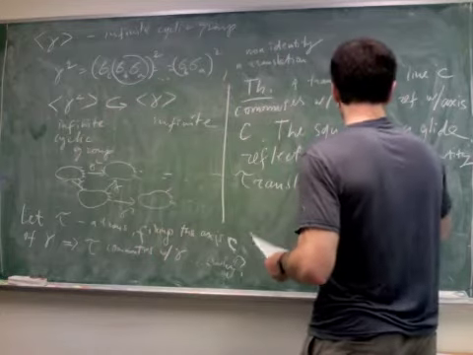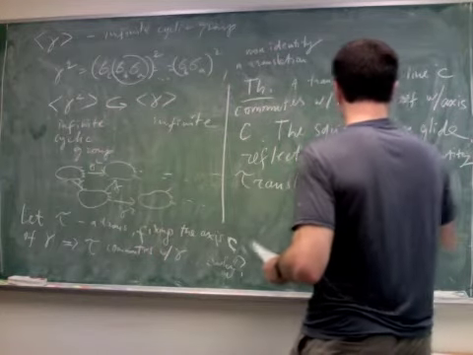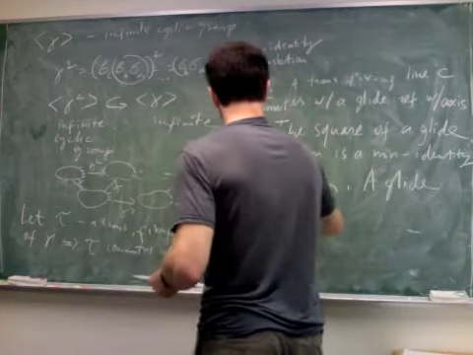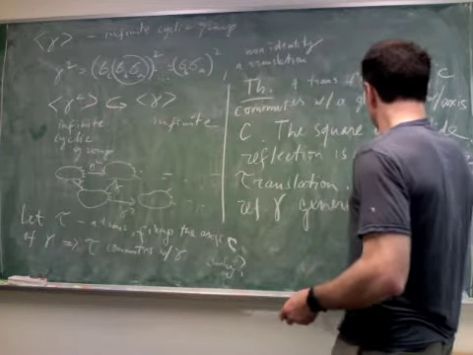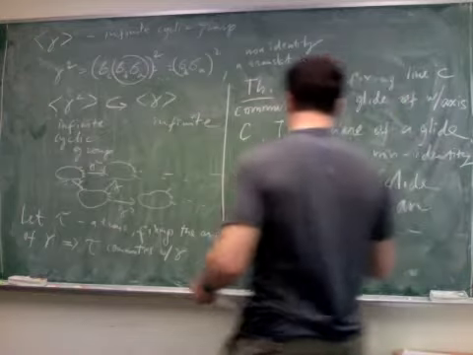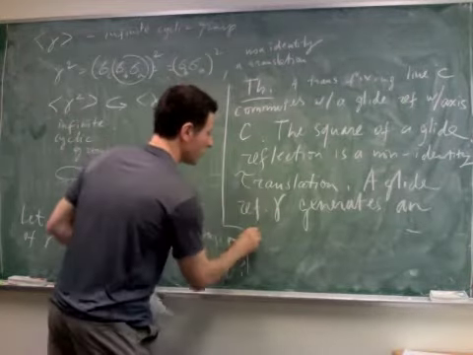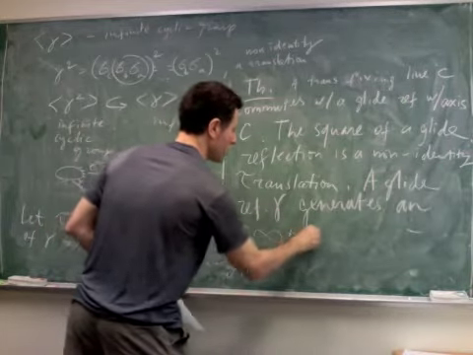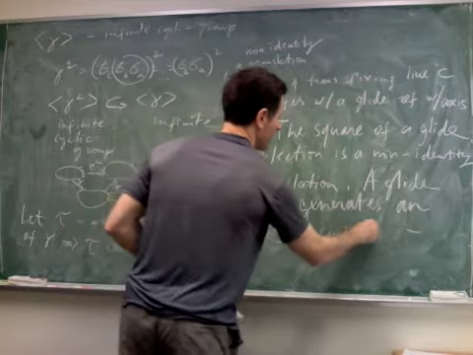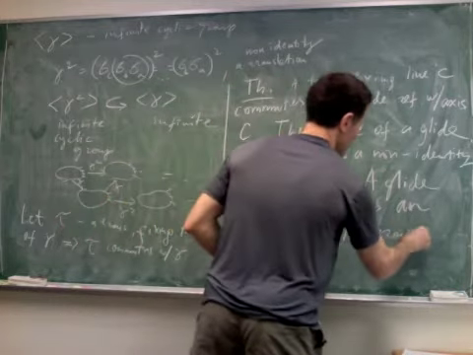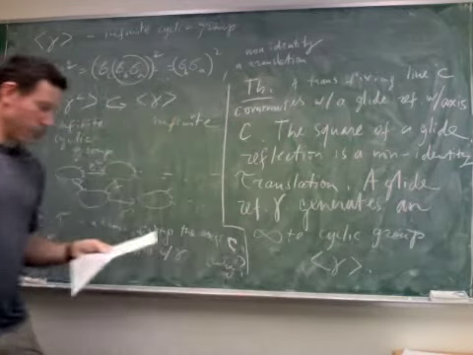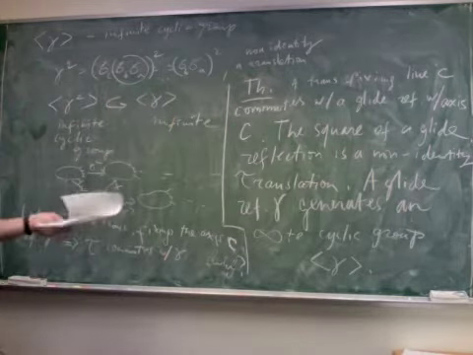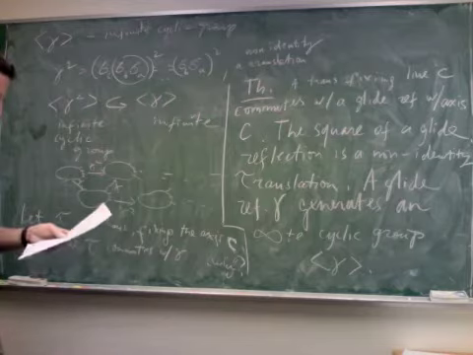A glide reflection gamma generates an infinite cyclic group, generated by gamma.